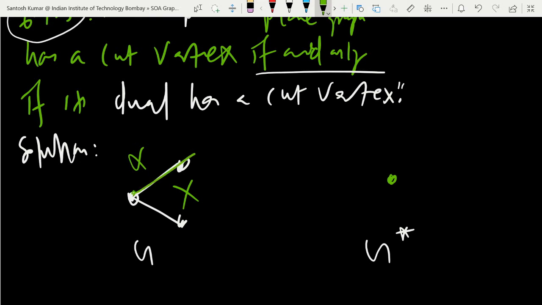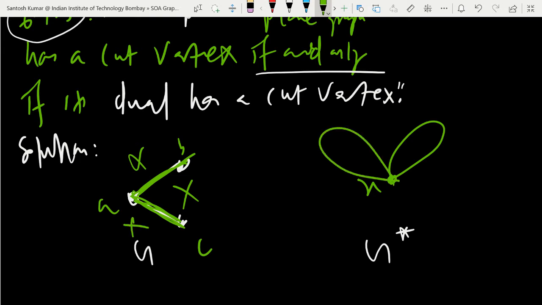So corresponding to this edge, let me call the vertices A, B, C. Corresponding to AB, both sides of the edge AB have region X, so there will be an edge from X to X. That's a loop. Again, AC is an edge and both sides are region X only, so again we will have one more loop like this.